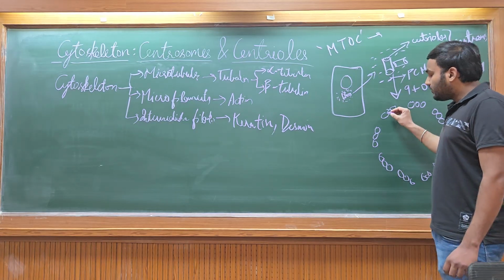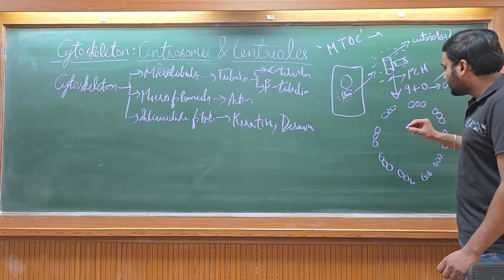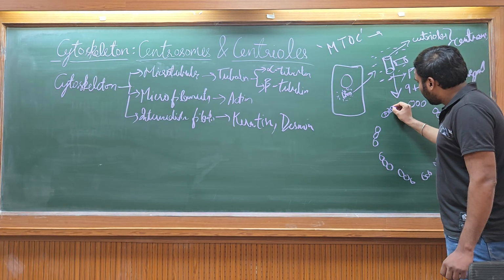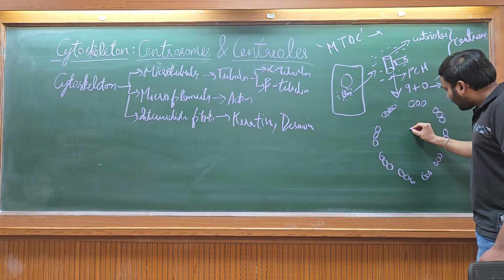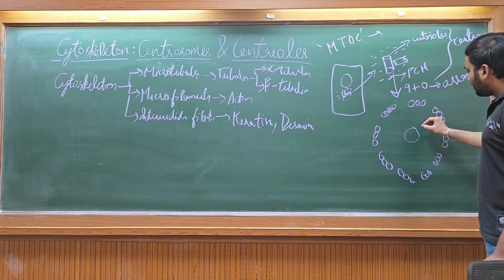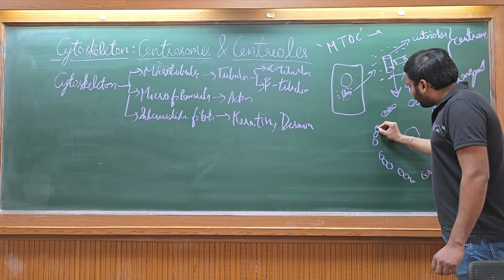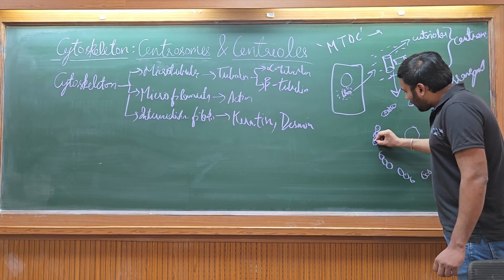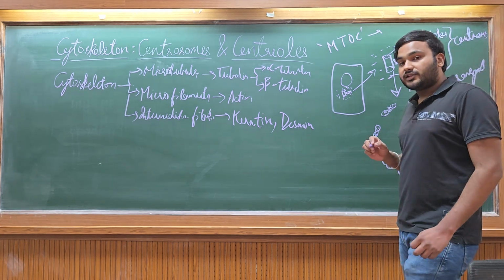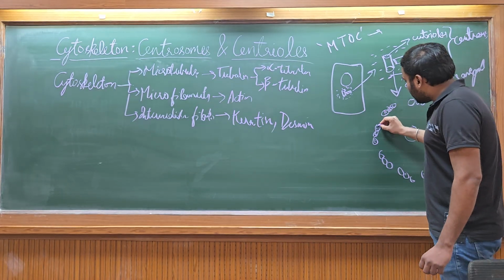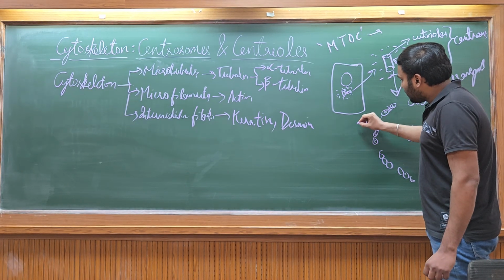These peripheral triplets are made up of microtubules, and they are named A, B and C, with a central hub. This central hub is made up of protein, not microtubules. Every peripheral triplet is named A, B, C, and we see a connection between A and C. This is called the AC linker.